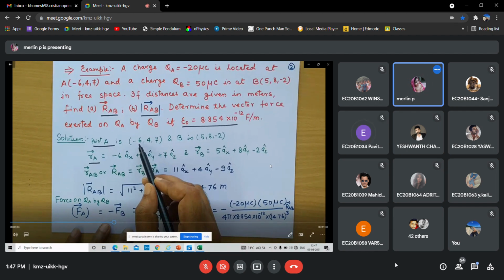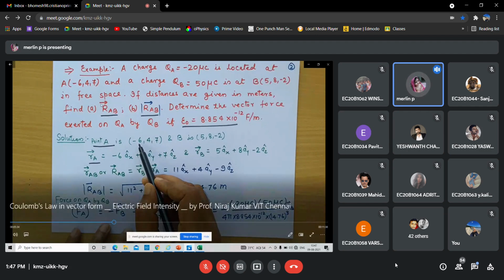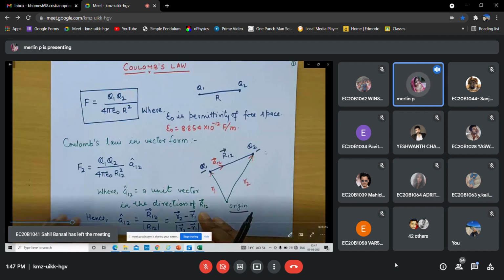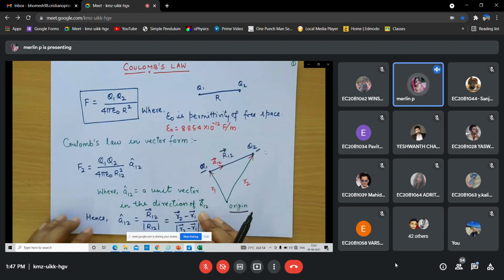Yes, ma'am. Okay, we have to write this. After that, if anything is given in vector form like this RAB vector, you have to write it as RB minus RA. That is the basic formula for vector. Here they have given A cap unit vector is equal to R12 cap divided by magnitude of R12 cap.